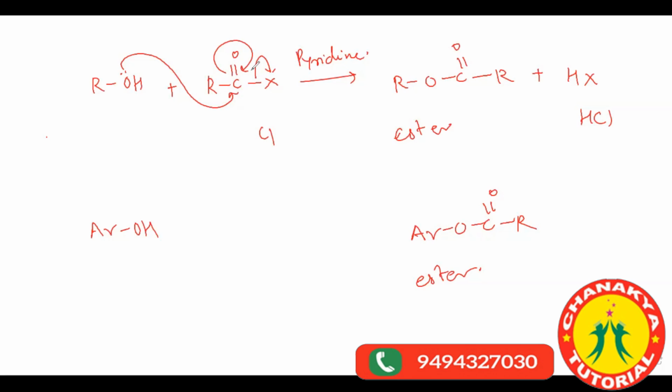So what they said in the previous reaction, both the reactions, whenever alcohol and phenol react with the carboxylic acid and with the acid anhydride, that is a reversible reaction. And for the completion of the reaction, or to shift the reaction towards the right hand side, we should add concentrated sulfuric acid or H plus ions.